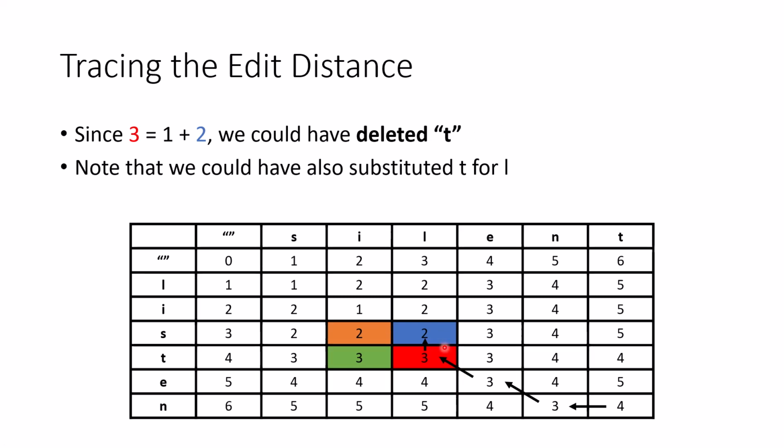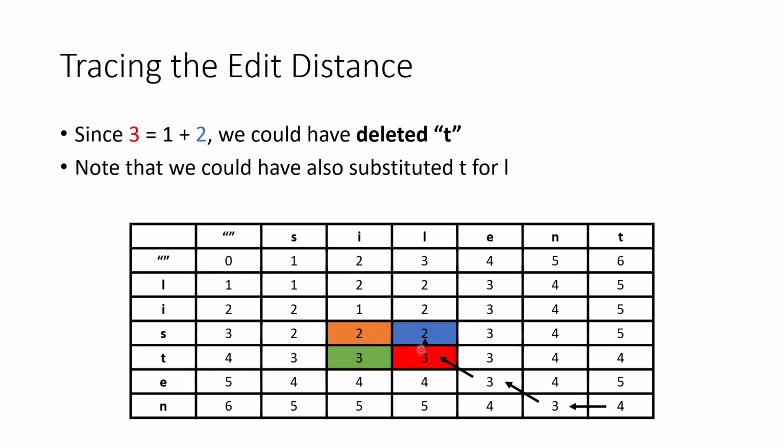Next, these two characters, T and L, are not the same. So we need to consider each of the three elements: to the left, to the diagonal, and to the top. We're going to compare 3, which is this guy, and that's going to be equal to 1 plus one of these two elements. Not only one necessarily, but at least one of them.